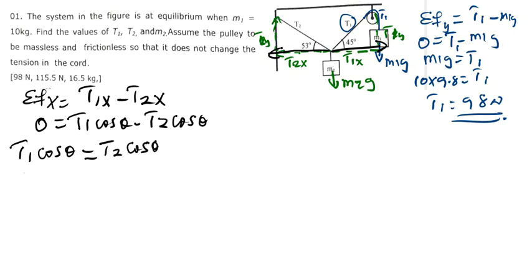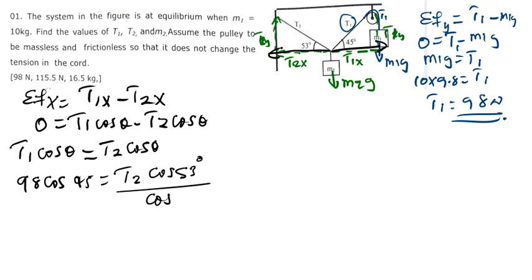So now we have T1 and we definitely know T1, right? Let's plug in T1 is 98, because the angle for T1 is 45, being equal to T2. Then the cos for T2, the theta is 53. So to find T2 I'll divide both sides by cos 53 degrees.